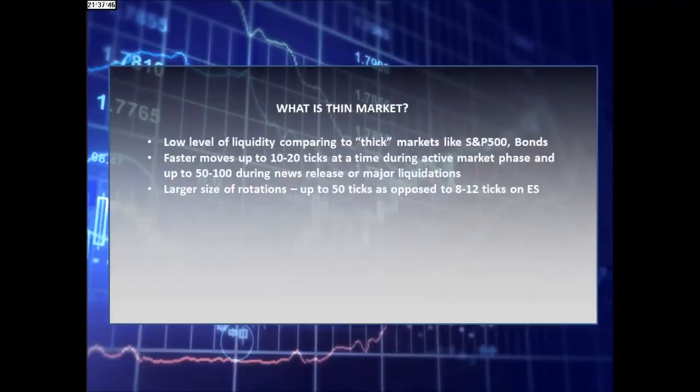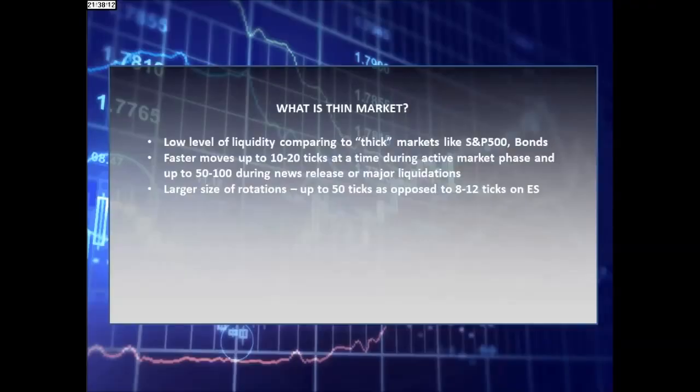Faster moves is a second characteristic distinguishing thin markets from thick markets, and you should see a burst of order flow 10 to 20 ticks at a time instead of 2-3 ticks during active market phase, up to 50 to 100 ticks during news release or major liquidations.